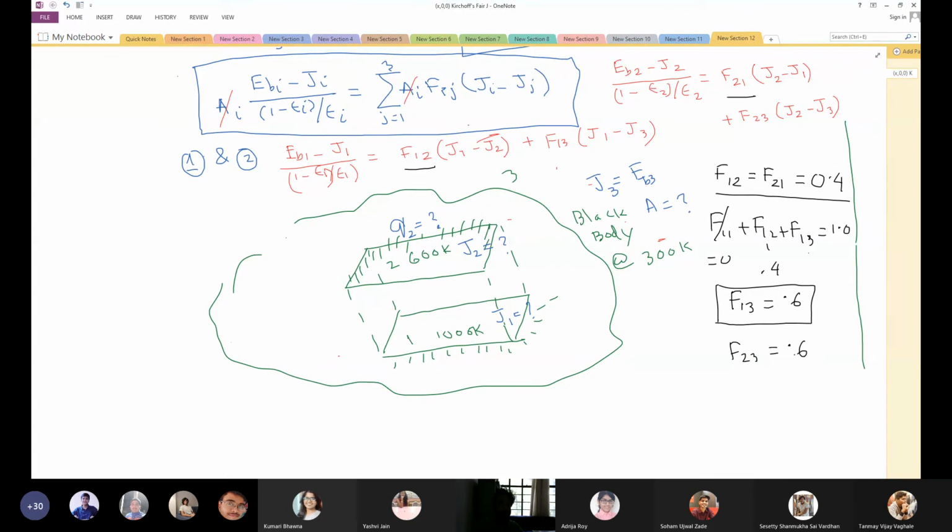Now solve J1 and J2. In fact, J1 will not be required. So all we need is the value of J2. So now you have everything here.